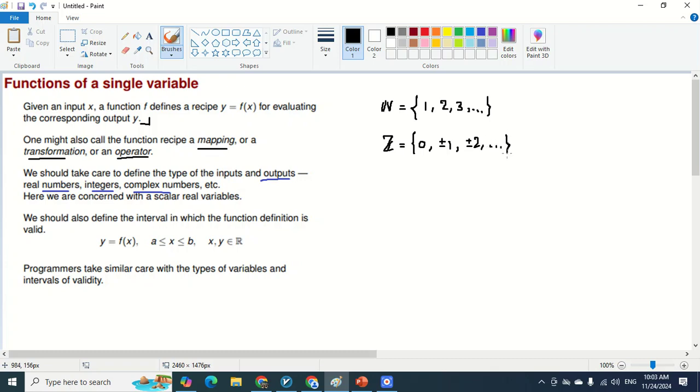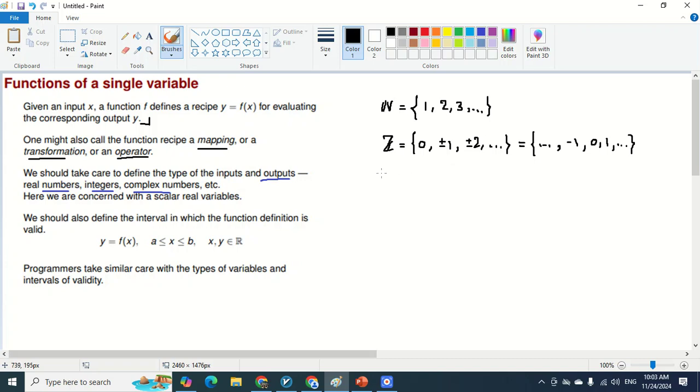We can have another representation for this set with two infinite parts, where we write it as three dots, then minus 1, then 0, then 1, and then it goes on up to infinity. These types of numbers are called the integers.